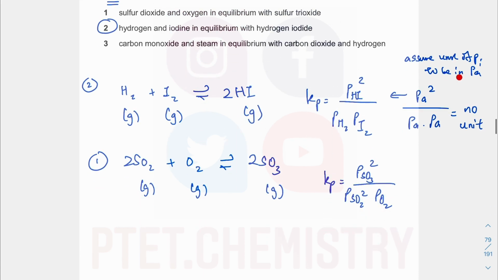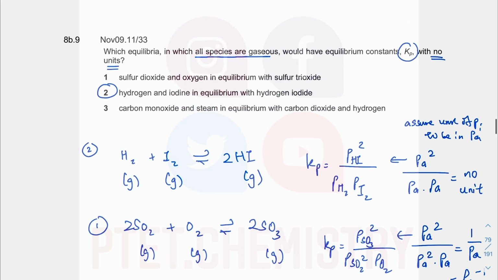If I continue my assumption that the unit of pressure is Pascal, that will be Pascal squared over Pascal squared times Pascal. I will get 1 over Pascal, which is Pascal to the power minus 1, because those cancel. So that one has a unit, which means 1 is incorrect, because you want an equilibrium constant with no unit. 2 is correct, 1 is incorrect. C must be the only answer.